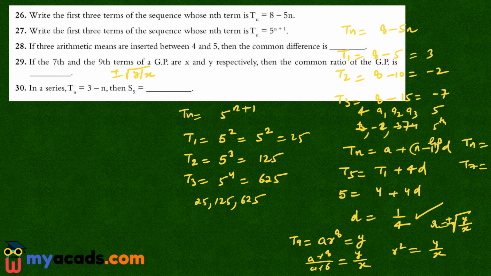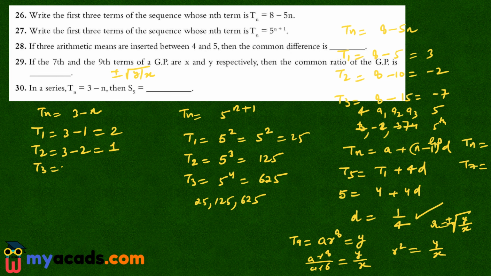My question number 30 is, in a series Tn is equal to 3 minus n, then S5 is dash. So Tn is 3 minus n. So T1 is 3 minus 1, that is 2. T2 is 3 minus 2, that is 1.